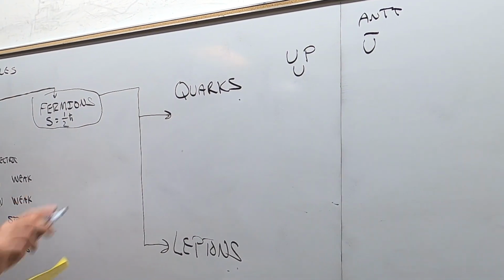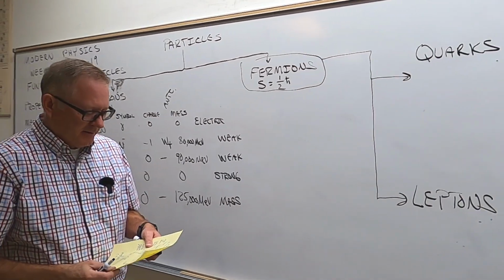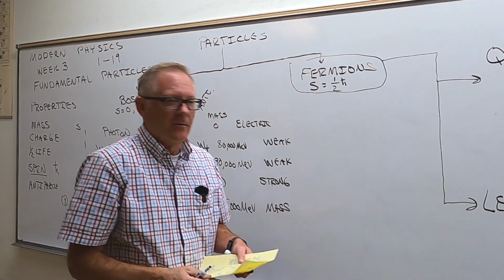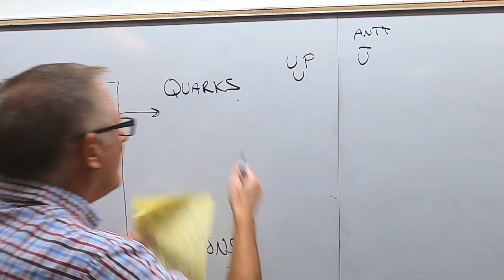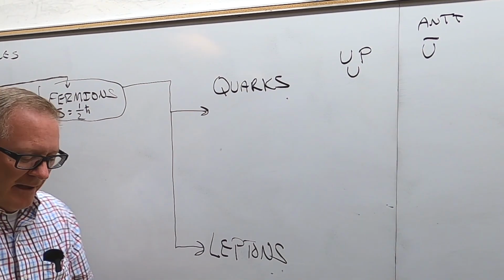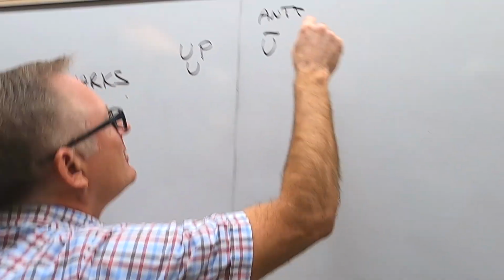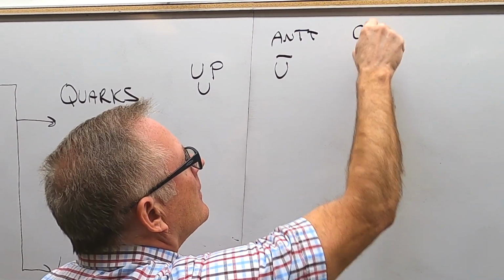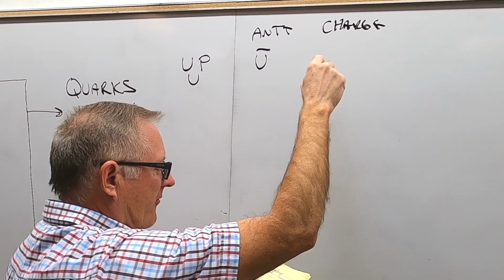Whenever they put the bar, it means it's the anti-up. It's not down. Anti-up is not down. Anti-up is anti-up. The spin of all of these is 1/2. The charge is actually a fractional charge.